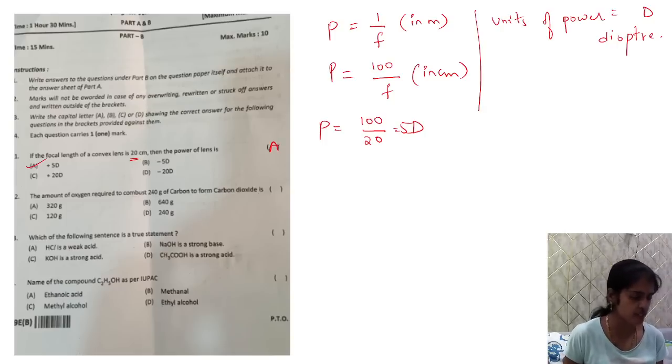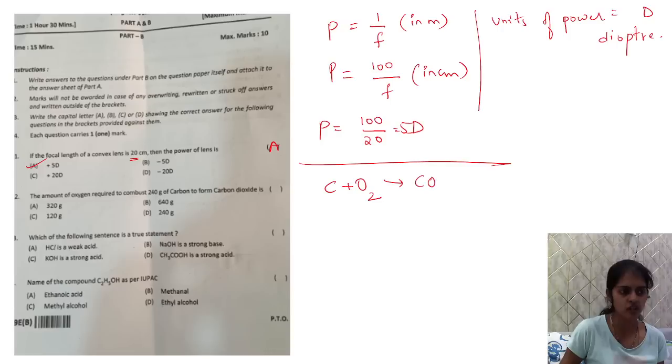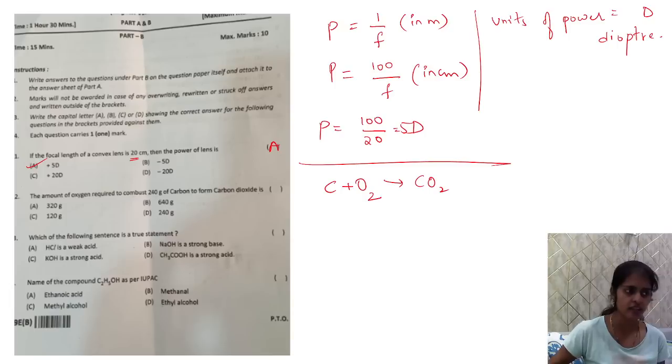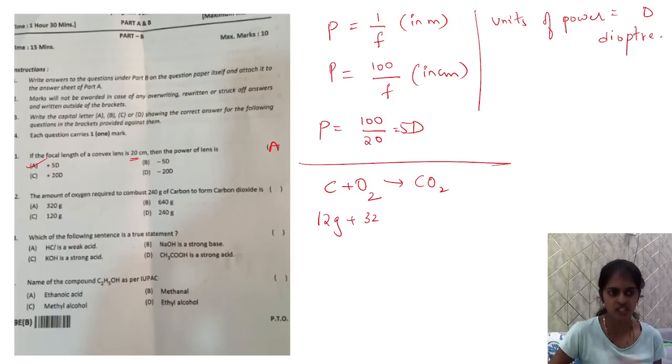Look into the next question. The amount of oxygen required to combust 240 gram of carbon to form carbon dioxide. Carbon is burnt in oxygen to give carbon dioxide. 12 gram of carbon combines with 32 gram of oxygen to give 44 gram of carbon dioxide.